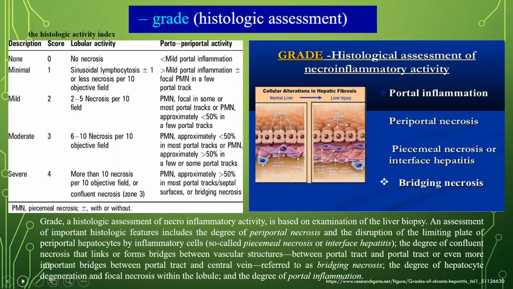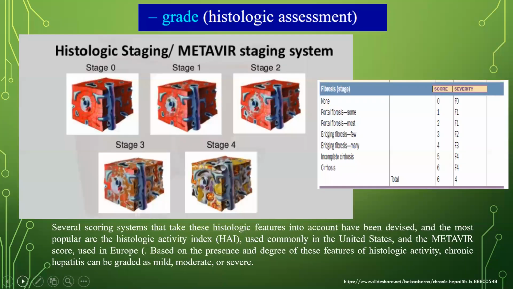Histological activity assessment is presented really well in the METAVIR staging system, where you can see that, depending on the stage, the more severe the stage, the more severe the fibrotic changes. You can see this clearly on this slide.